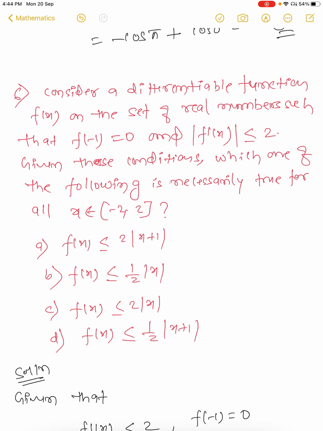First try to solve the question yourself, then observe the solution, and do not directly see the solution. If you directly watch the solution, then you will not get anything. So first try to solve it yourself, and if you are having difficulty, then observe the solution.